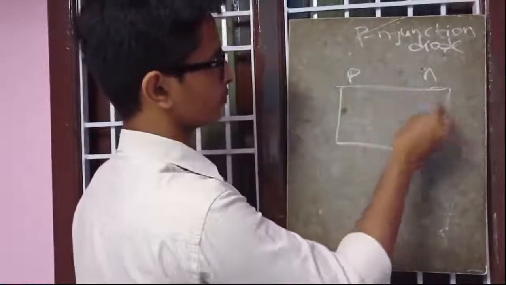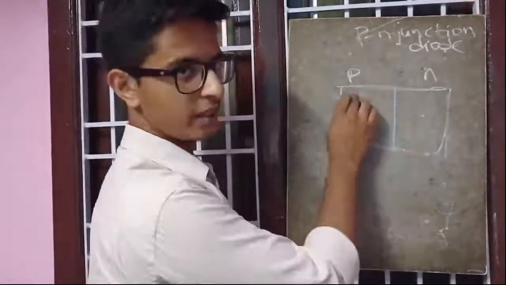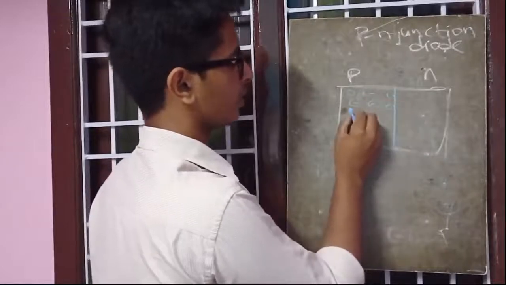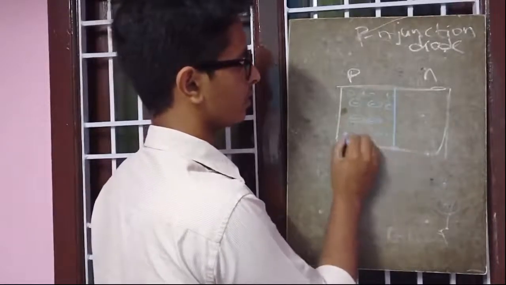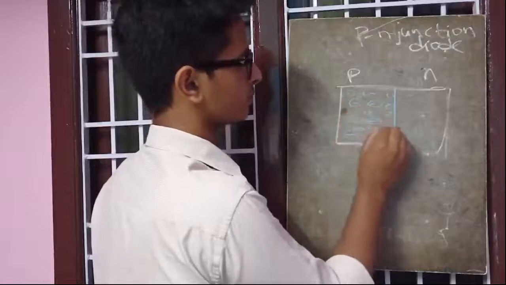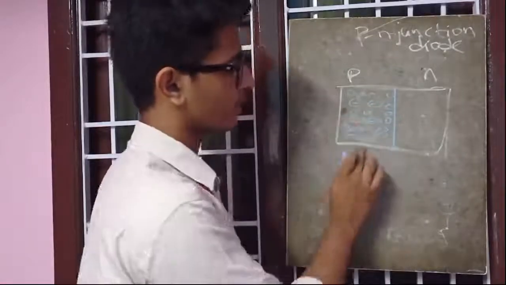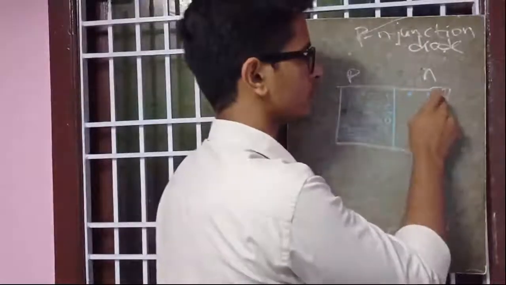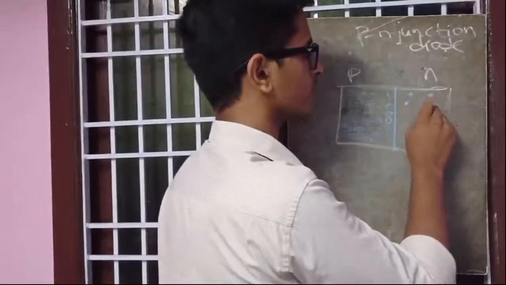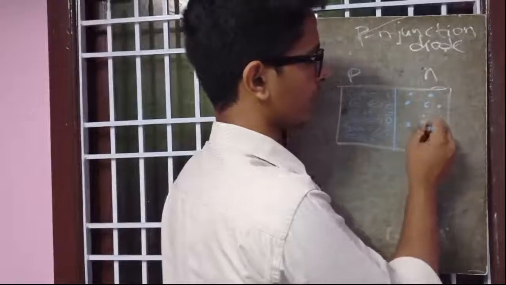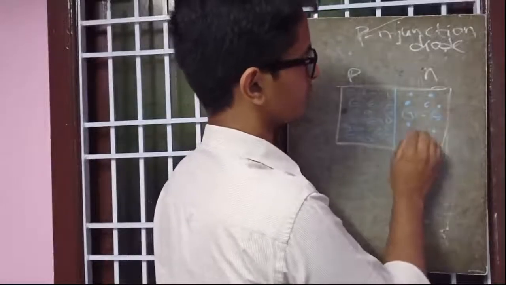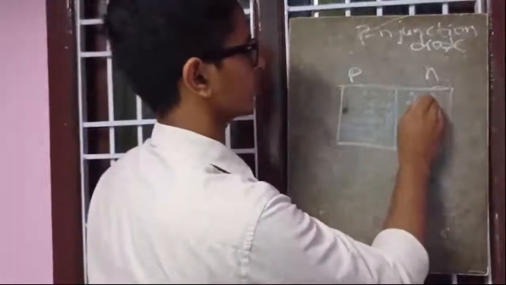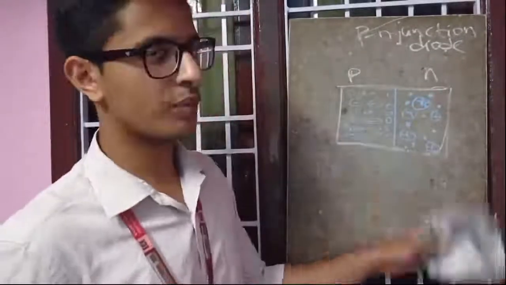So p-type contains holes along with immobile acceptor ions, and n-type contains electrons along with immobile donor ions. So this is the clear-cut representation of p-n junction diode.